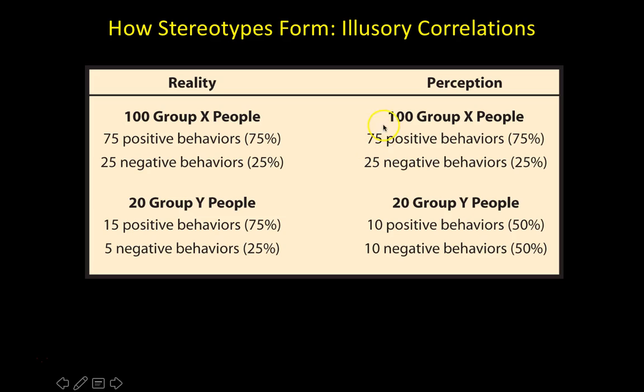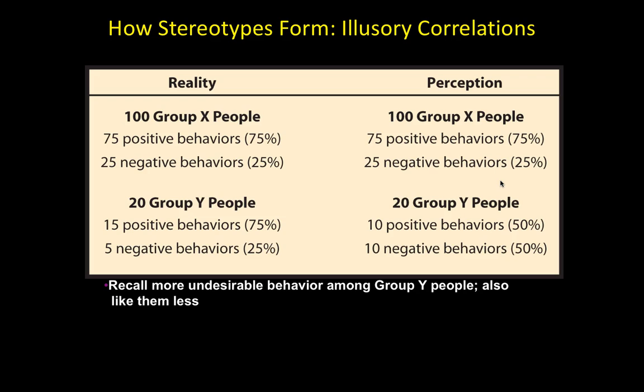But if you look at the minority group, memory is a little bit different than reality. They see group Y people as more likely to engage in negative behaviors than they actually were, and more likely than their memory of what the group X people, the majority group, did. Subjects recalled more undesirable behavior among group Y people.